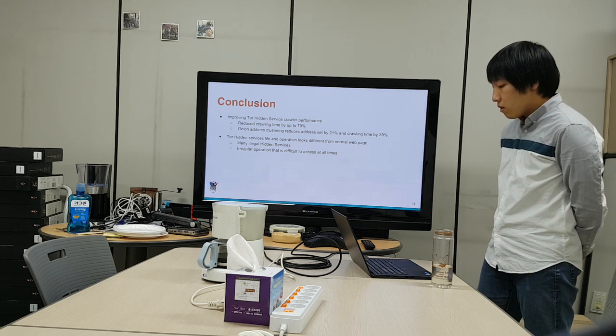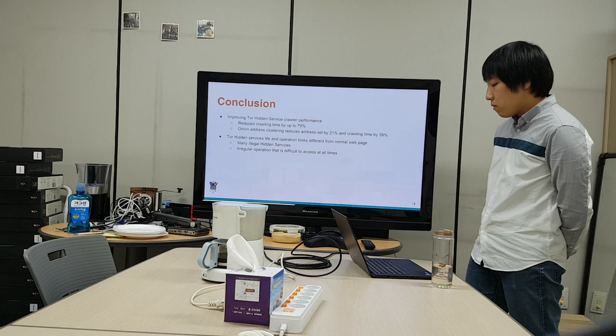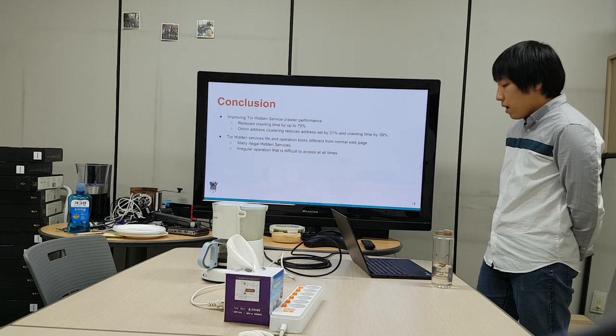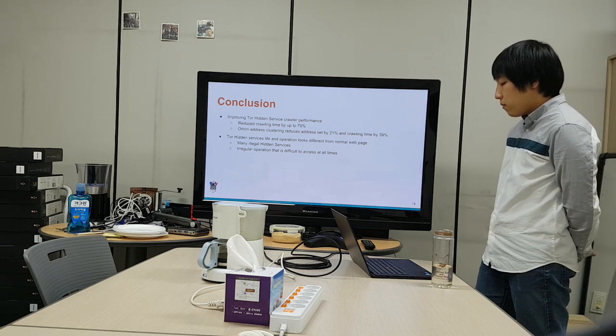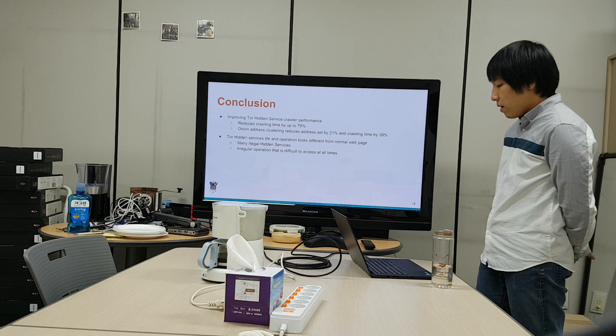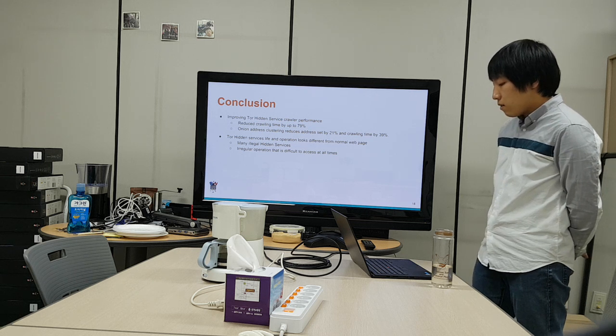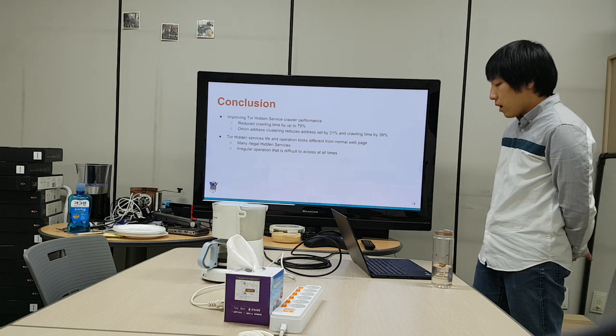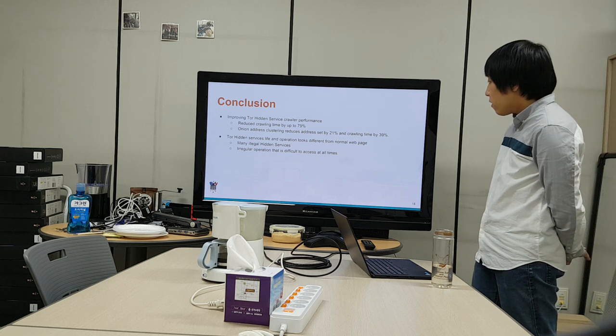As a result of the analysis of the hidden services, they have a different environment from the normal web. There are various illegal hidden services in Tor, and it is difficult to access them at all times due to irregular operation.